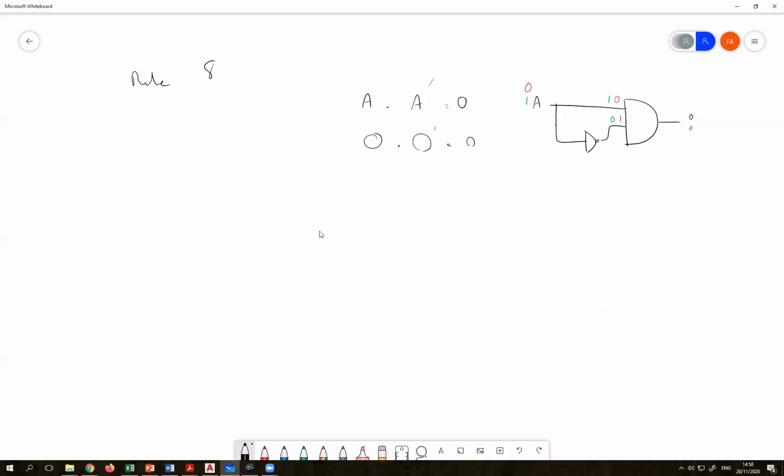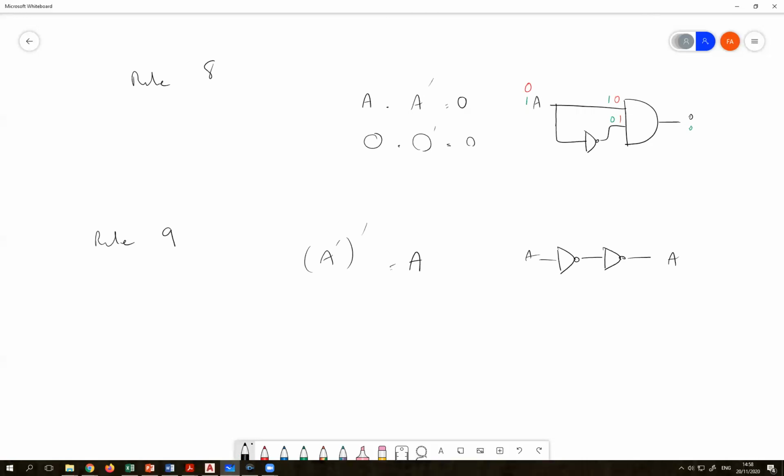Rule 9. Very easy. A not, not. If you want to invert that, what happens? You've got to invert it twice. So what do you get? Not, not A is the same thing.